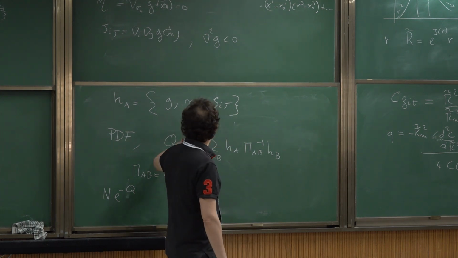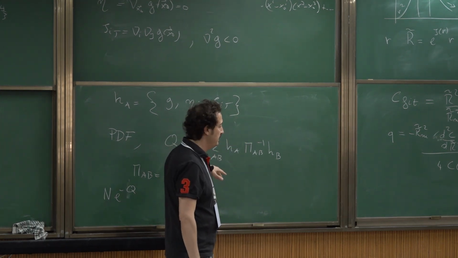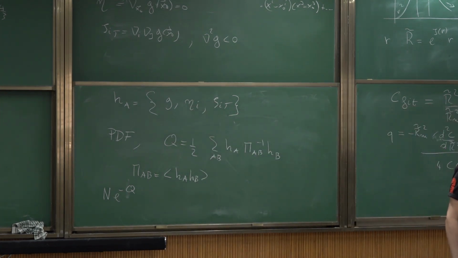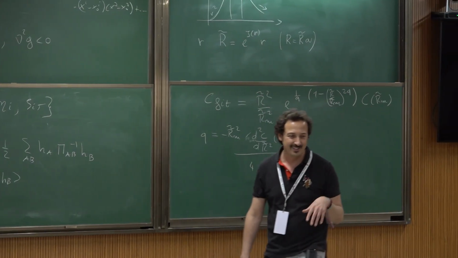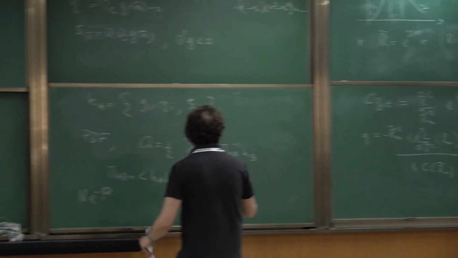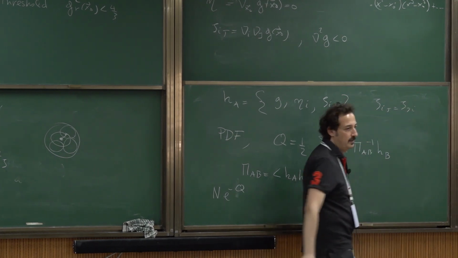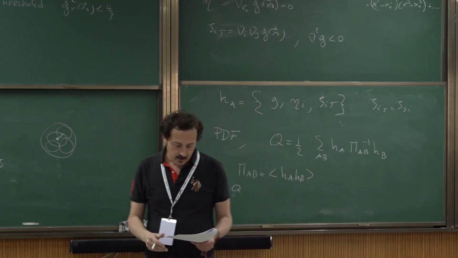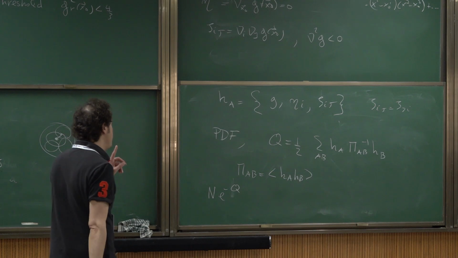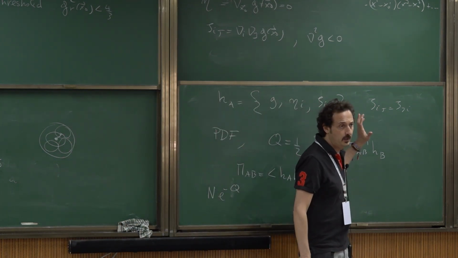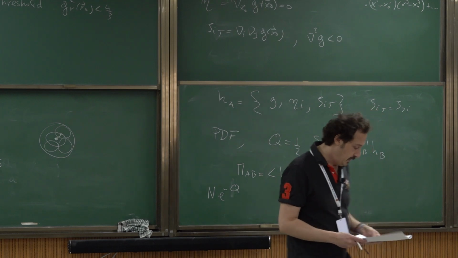It's just spatial, 3 by 6, sorry, 6, 10 in total. Because obviously psi ij is equal to psi ji. This also means, by the way, that I can diagonalize this psi. This is a symmetric matrix.